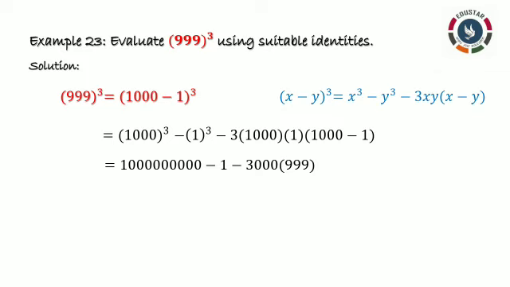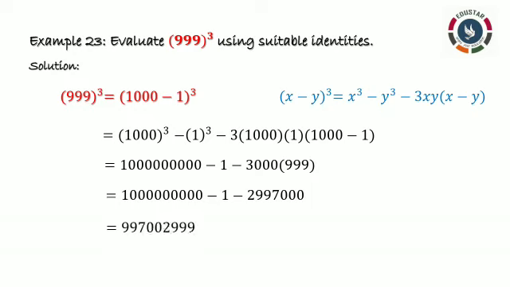And 3 into 1000 is 3000 into 1000 minus 1, which is 999. So our next step will be 100 crore minus 1 minus 29,97,000. Now subtract the values and our answer will be 99 crore 70 lakh 2,999.